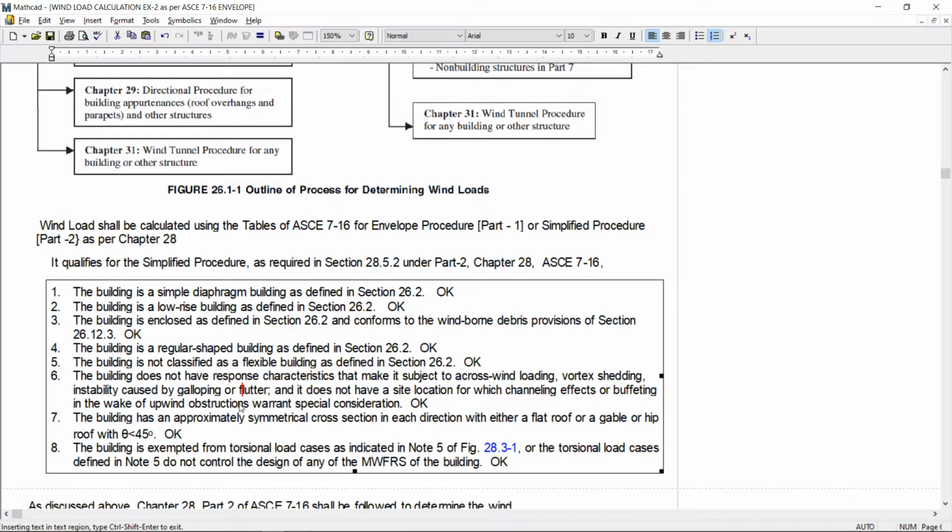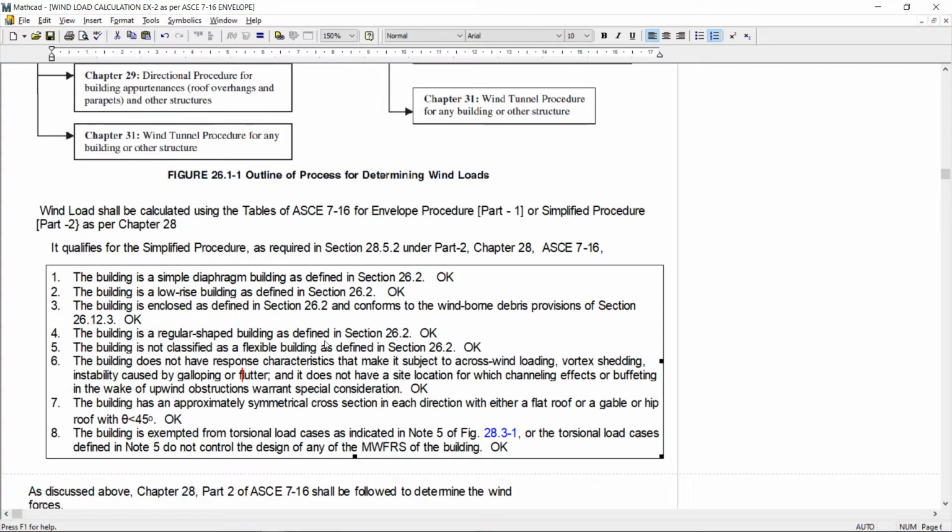Here I checked one by one. To qualify for this simplified procedure, the building is a simple diaphragm building as defined in section 26.2. Yes, it is. The building is a low-rise building as defined in section 26.2. Yes, that is also correct. The building is enclosed as defined in section 26.2 and conforms to the wind-borne debris provision of section 26.12.3. Yes.